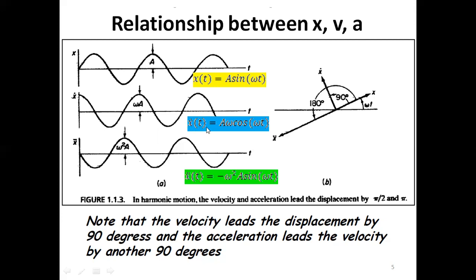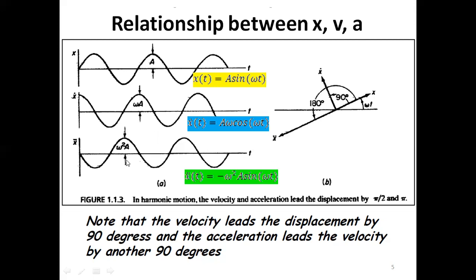If we again differentiate this with respect to time, we would get the acceleration. So x double dot of t is equal to minus omega squared A sine omega t, where omega squared A is the amplitude of the acceleration. If we plot this mathematical model, we get this plot of acceleration with respect to time.